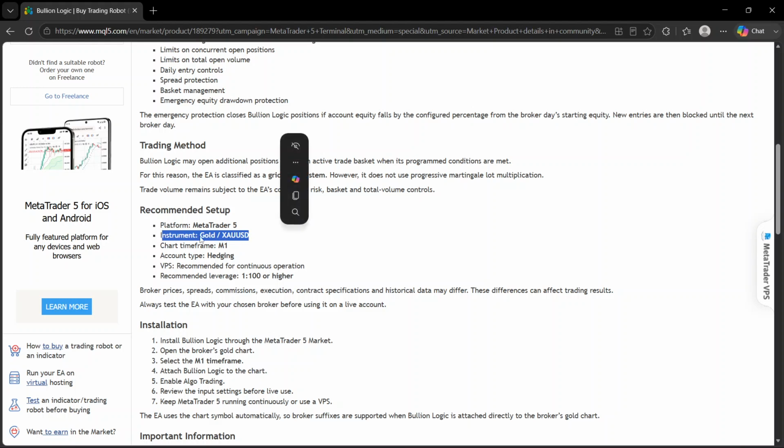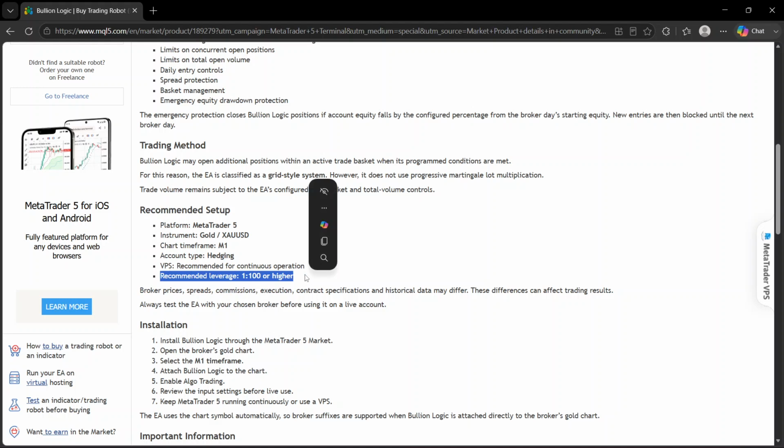Like I said before, gold USD. It runs on the M1 time frame with a recommended hedging account type and a leverage of 1:100 or higher. It automatically picks up the chart symbol, so it should handle common gold suffixes like gold USD plus or gold USD.I without extra work.